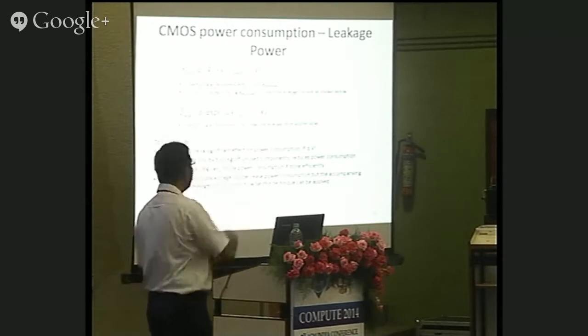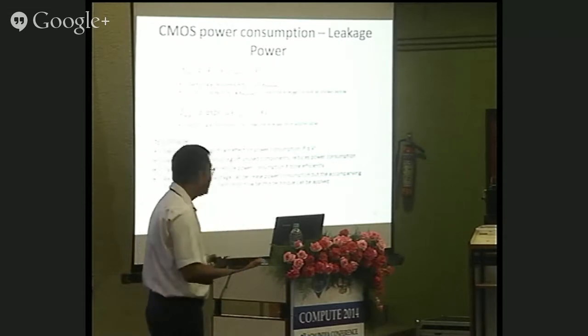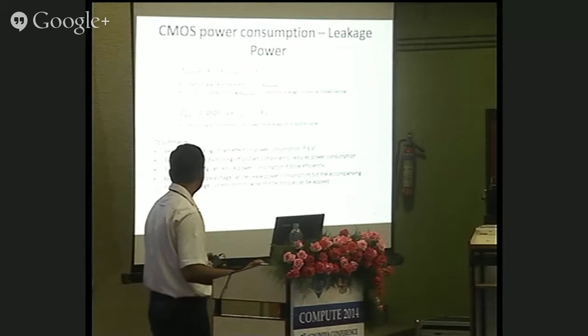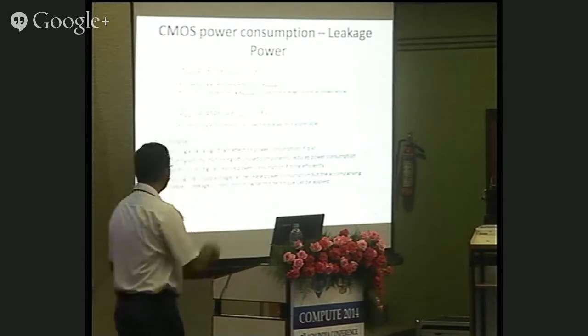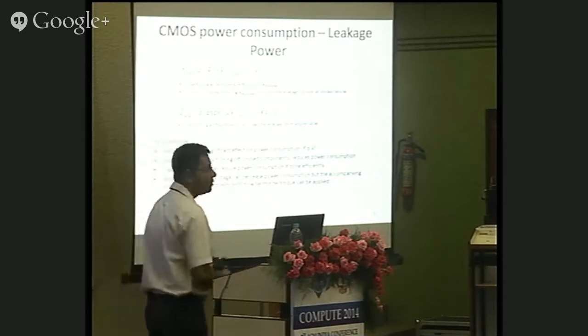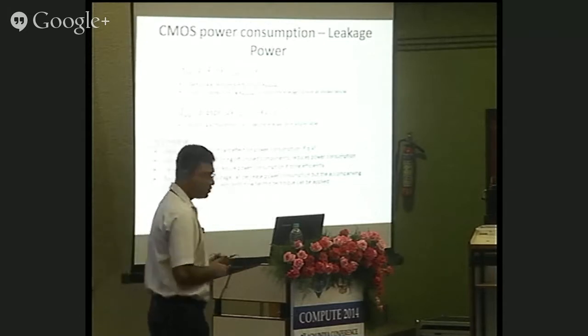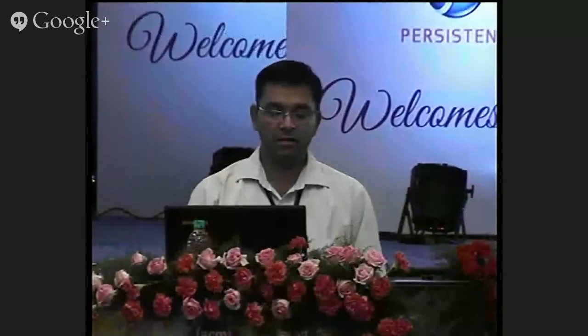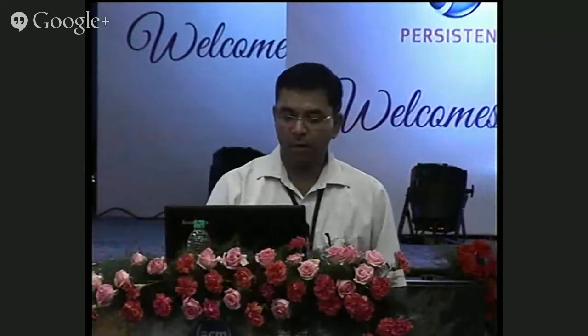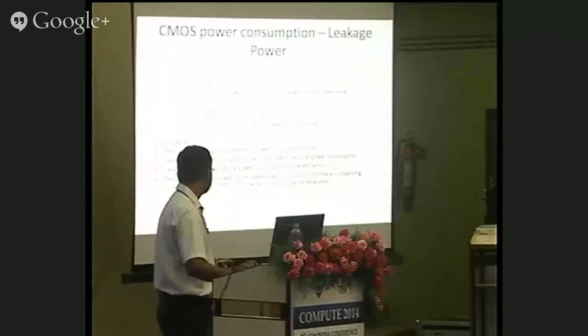But bringing down the V threshold also increases the leakage current, because the leakage current is inversely proportional to the V threshold. Therefore, it makes the leakage term appreciable. So, to summarize, reducing the supply voltage has a significant effect on power consumption, and parallel processing can reduce this, so power consumption can be reduced efficiently.